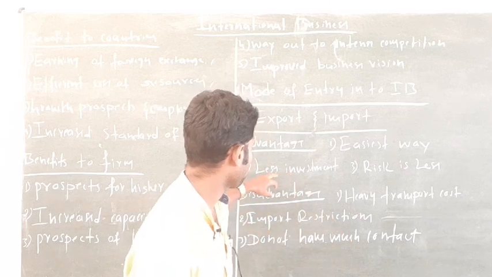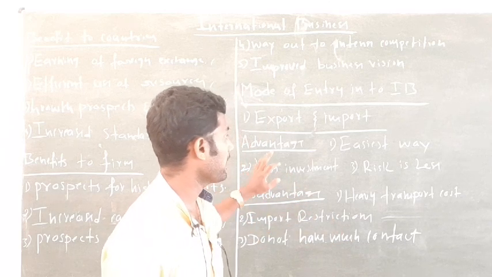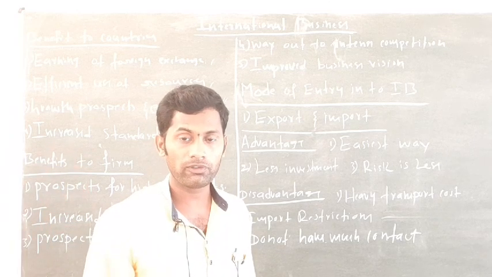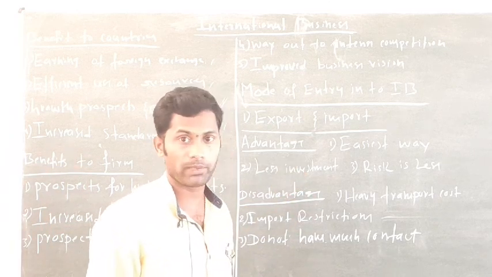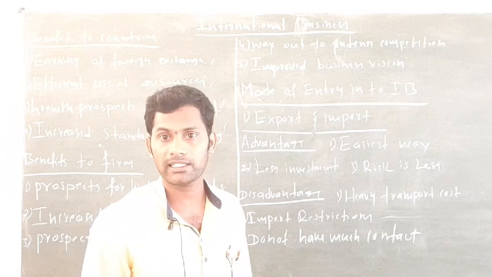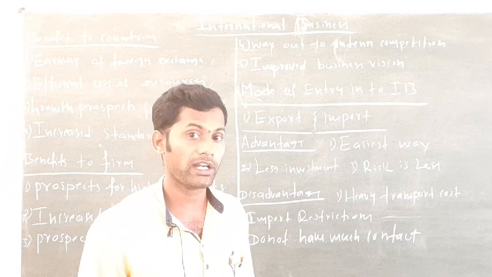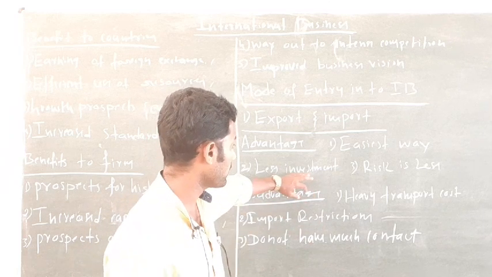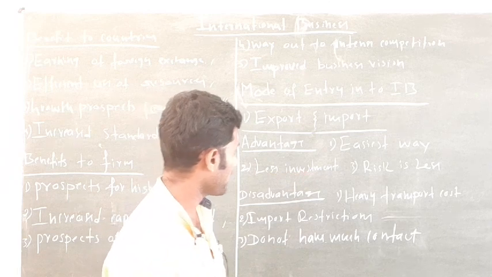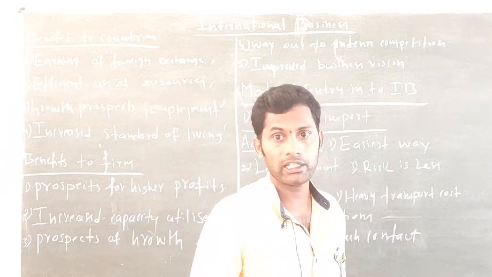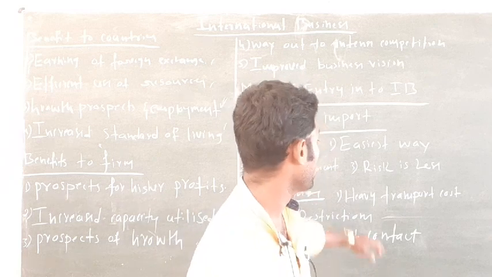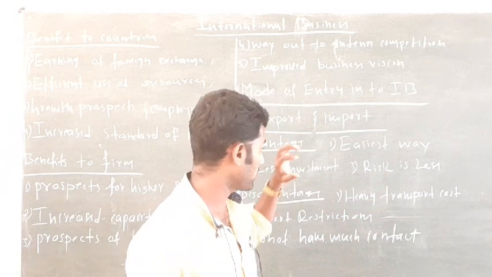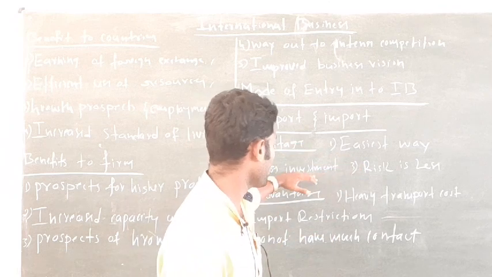Then the second one, less investment. When we compare it with the other 4 modes of business, we need less investment. When you compare licensing or franchising or contract manufacturing or a joint venture, there we need huge capital, huge investment. Here a less investment is enough. Then risk is less. When the investment is less, automatically the risk is less. At the time of any problem or a theft or fire, the risk is very less because the investment is very less.